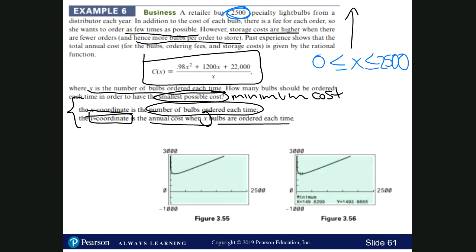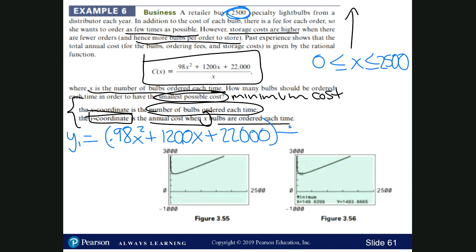Now, what we're going to do is graph our function in the calculator, and make sure that you do enclose your numerator. So after the equal sign, you go to your y equals, and then you will enter the numerator in parentheses. You must, because it is a trinomial. And then the division symbol, and then you could just enter x.